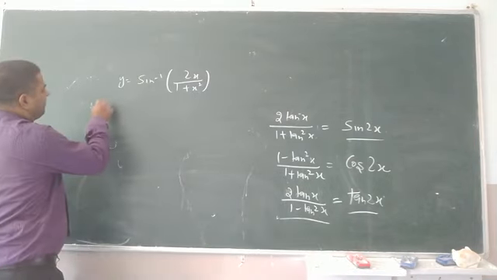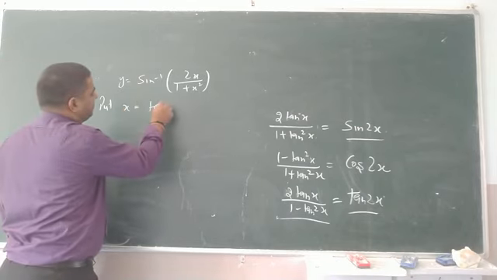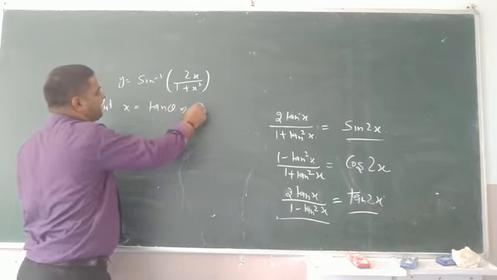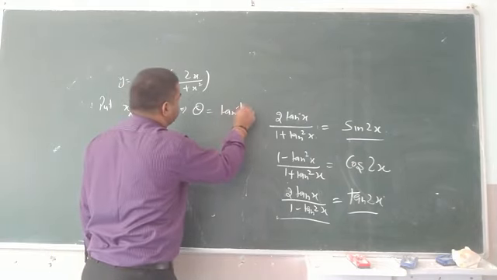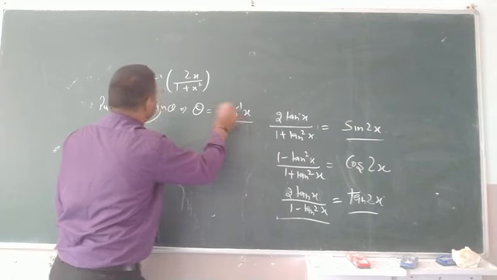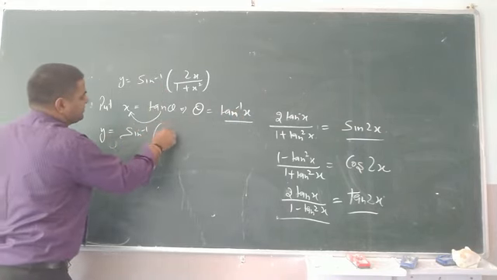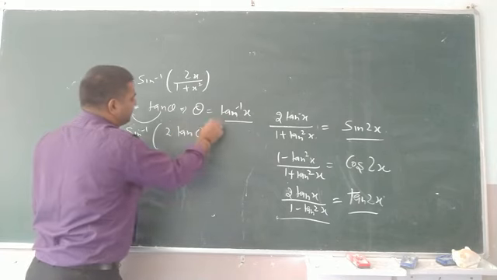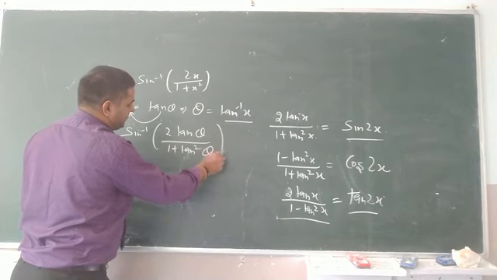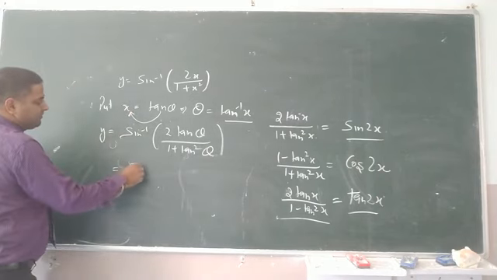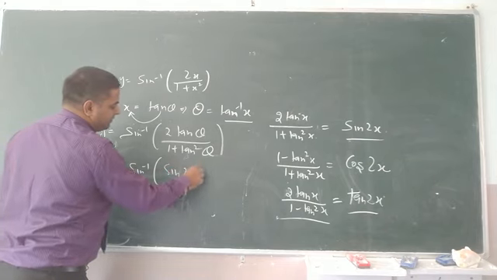So, here, put x equals tan theta, so that theta equals tan inverse x. So, y is equal to sine inverse of 2 tan theta upon 1 plus tan square theta. So, it is equal to sine inverse of sine 2 theta.